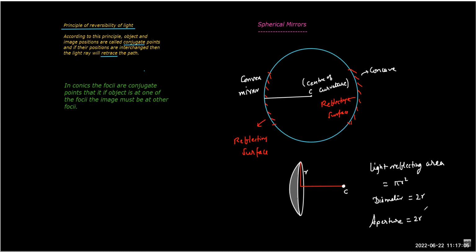So this is called aperture. Now the light reflecting area will also have a center. In this case, this is the center. So this is the center of the light reflecting area, and what do we call this point?